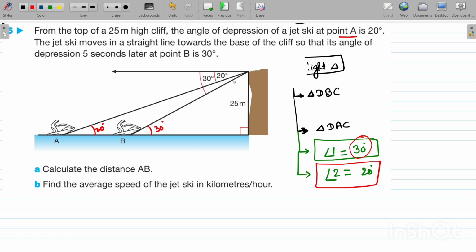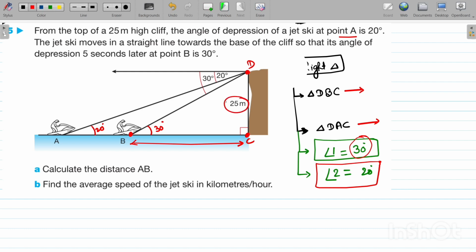Okay. So now in these two triangles, the triangle DBC and DAC, please see AB is the C and this was your D. Can you apply your trigonometry? See, we are interested along this BC, AB like this. So in triangle DBC, please see D, B, and C, we are interested in these distances, right?